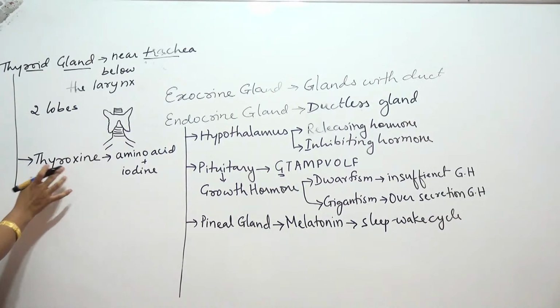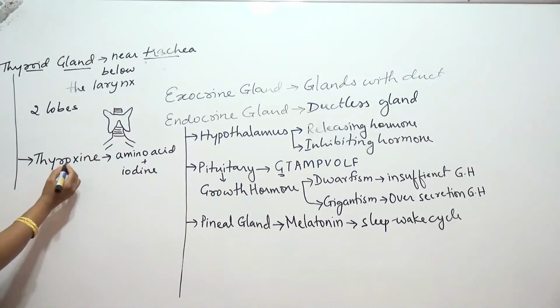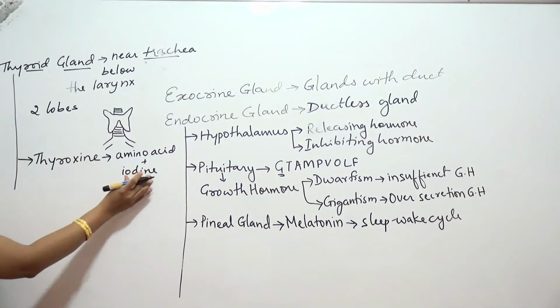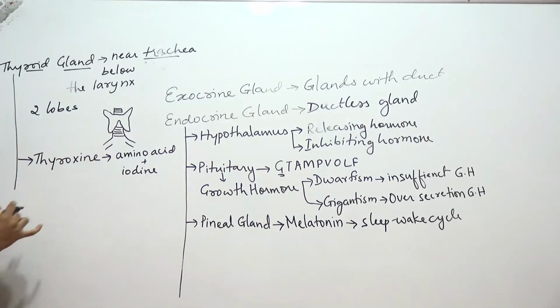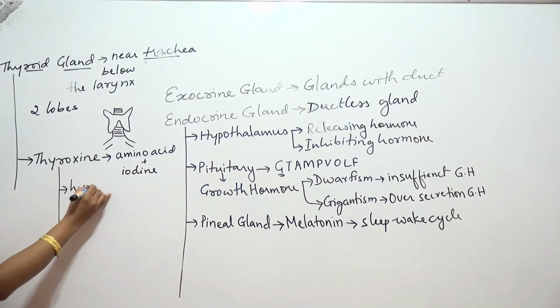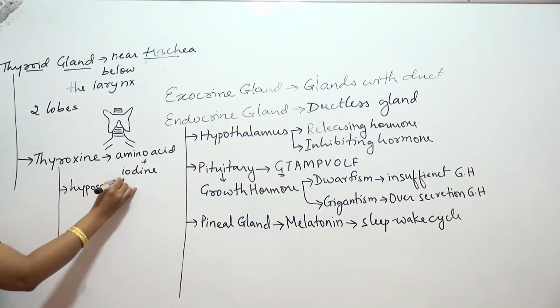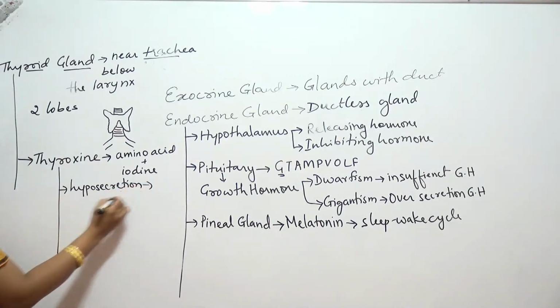Now, I had mentioned the hyposecretion and the hypersecretion. What are their effects on the body? See, thyroxine requires the iodine part for its synthesis. Here, the hyposecretion. Hyposecretion means inadequate supply.